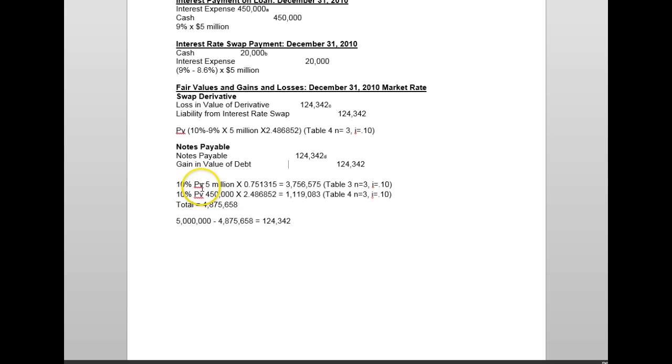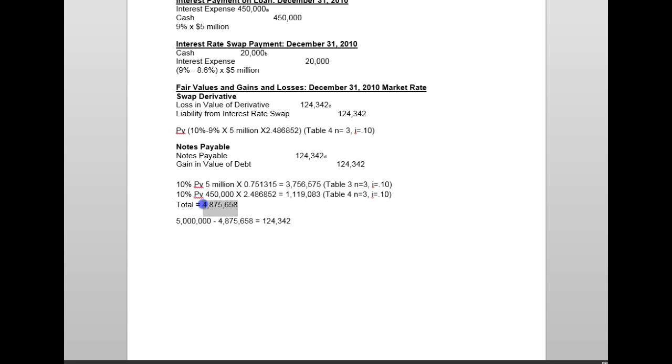So that's 10%, 5 million times the factor from the table 3, and taking the interest payment of $450,000, I'm going to multiply that times the factor from table 4 and bring everything back. So that means at this point, let's just go back to discounts and premiums.